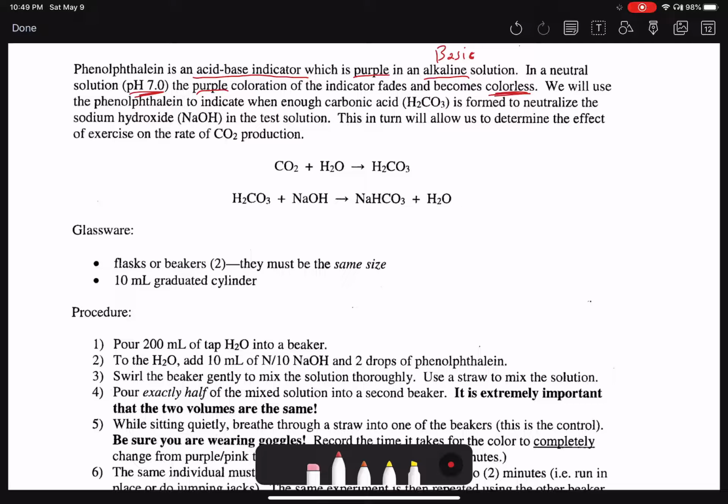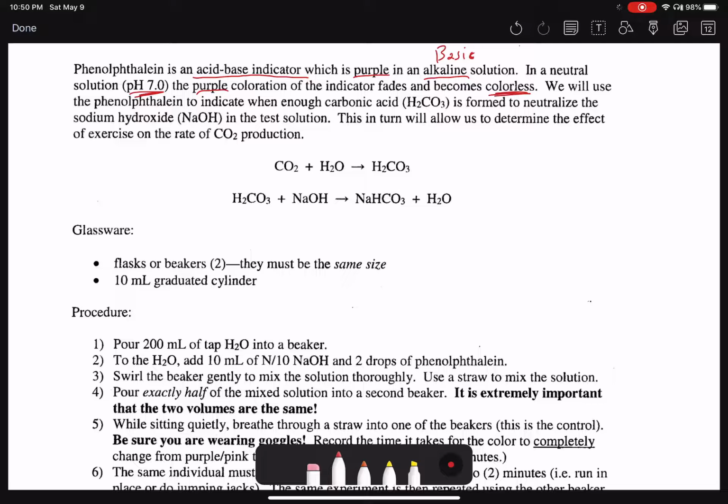Even though the phenolphthalein indicator dye produces this nice, pretty purple color during basic solutions, we don't really care so much about the purple color. We care about the change from purple to clear in the case of this simple assay that we're setting up. So I want you to keep that in mind as we go through this. What we're really going to be looking for is a color change from purple to clear, not the other way around. That's very important. Okay.